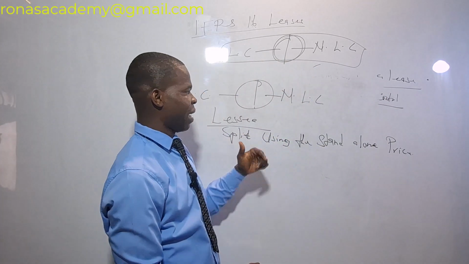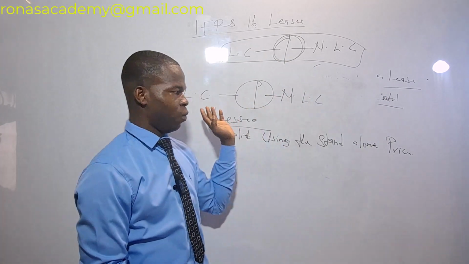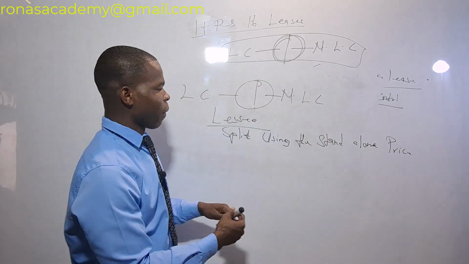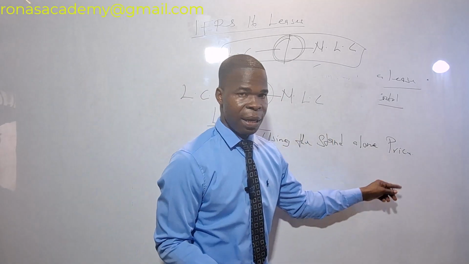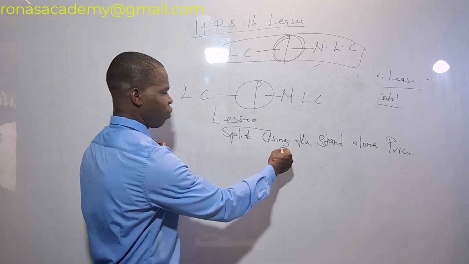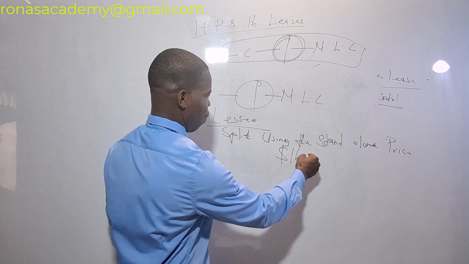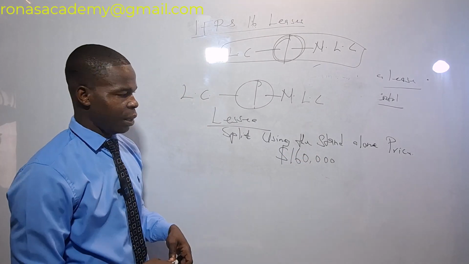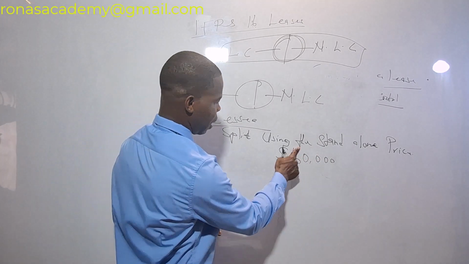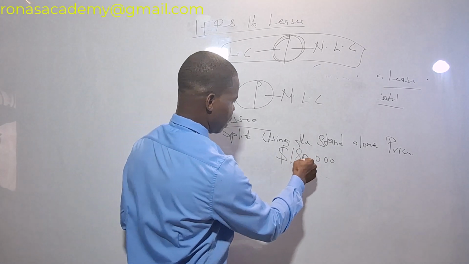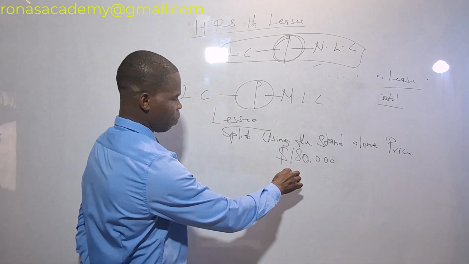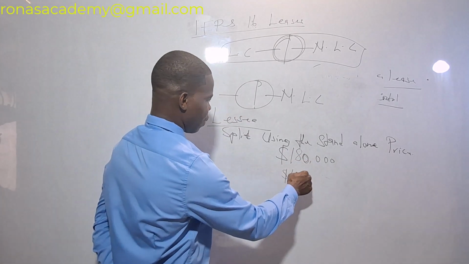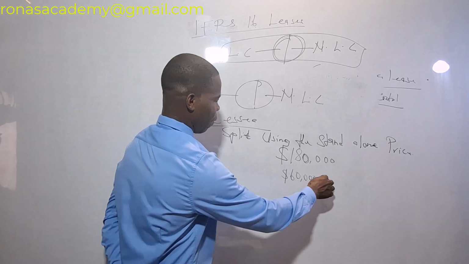So the question here is, how do we split the two? We are going to use the stand-alone selling price. Assuming a contract is leased for 180,000, the lessee is going to pay 60,000 as a lease payment for 3 years.